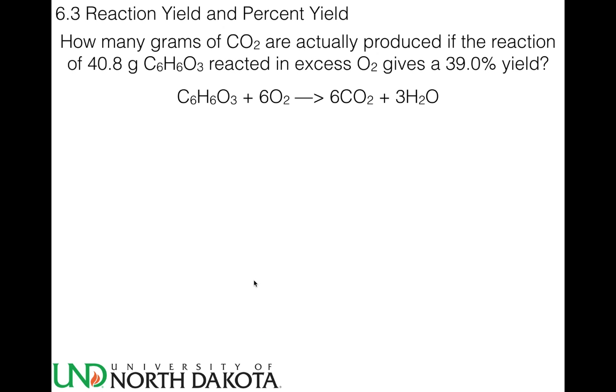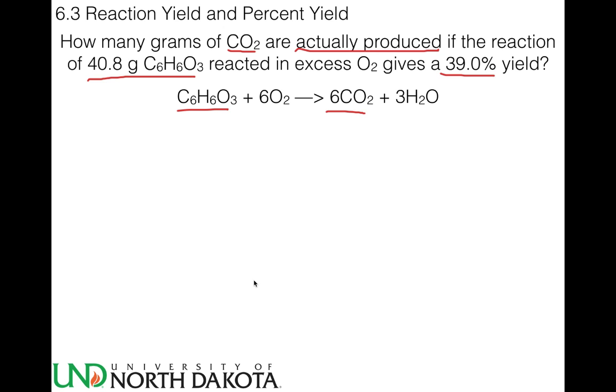Now this is the other type of question that can be asked regarding percent yield. We're asked how many grams of carbon dioxide, a product, are actually produced. So we want to solve for the actual yield. We're given the percent yield, 39%, and we're given a mass of our reactant.